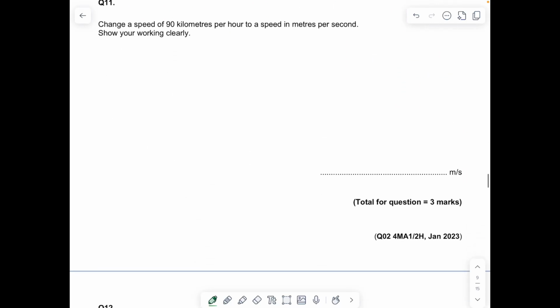Okay, change the speed. And so it's 90 kilometers per hour. And so to change 90 into meters, I would times by 1,000, because there are 1,000 meters in 1 kilometer.